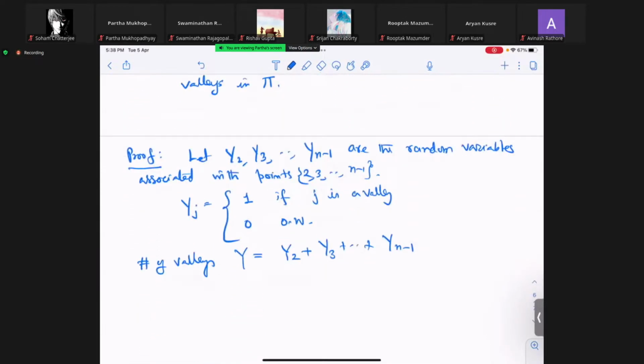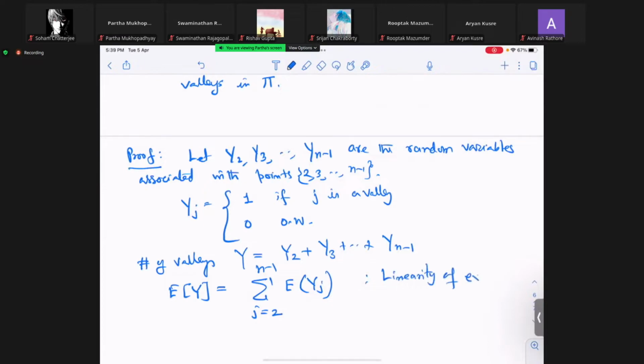So now what are we trying to compute? We want to compute the expected value of the random variable y, and that by linearity of expectation is the sum of each. Now let someone else, not Gautam, tell me what is the expected value of the random variable yj.